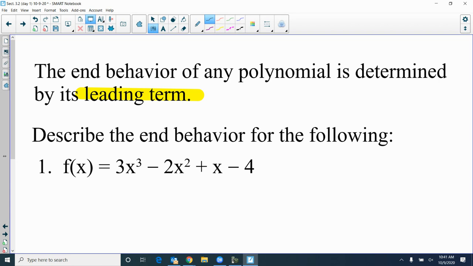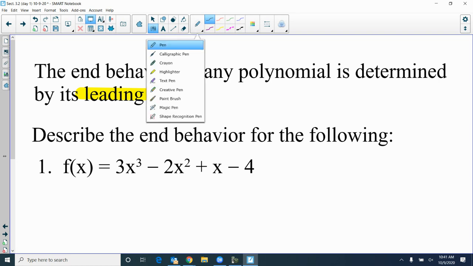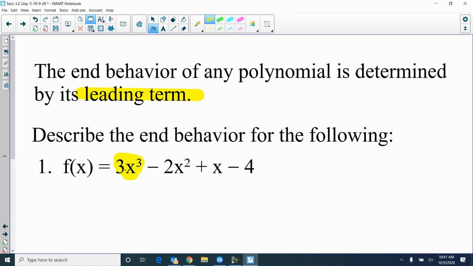No. Well, this leading term here is just 3x cubed. Well, what's the end behavior of 3x cubed? It's a positive 3. It's an odd function. So it goes from low to high.